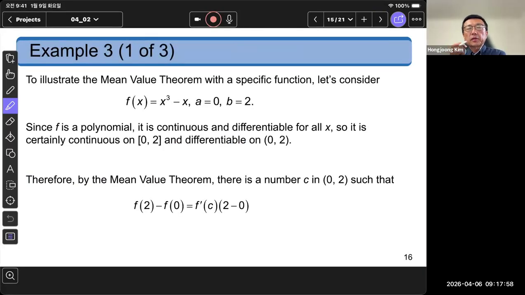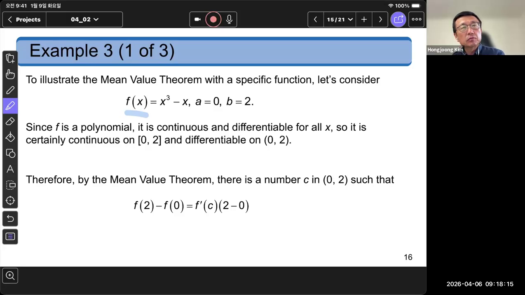So let us consider a similar example. Let us consider the following function f of x given by x cubed minus x, and let us consider two points a and b. a is 0 and b is 2.